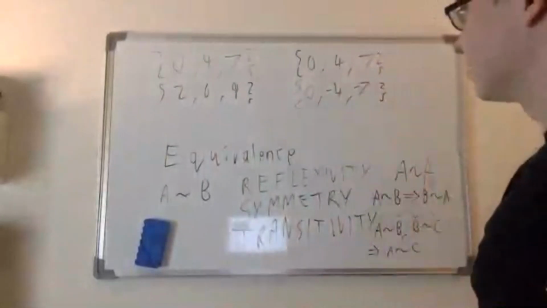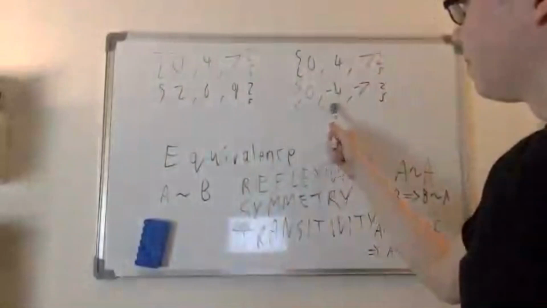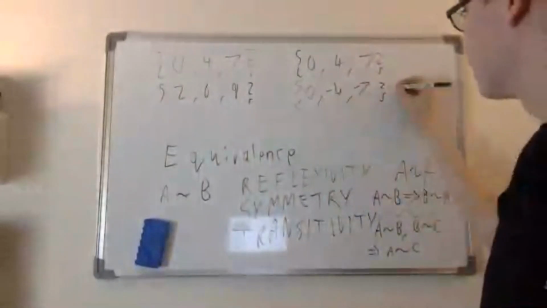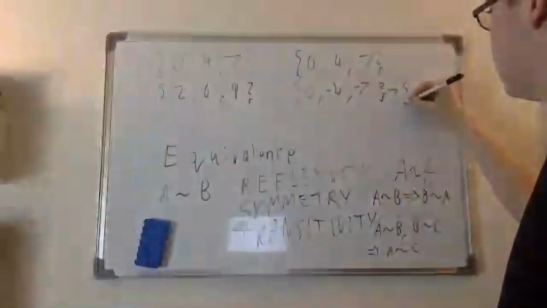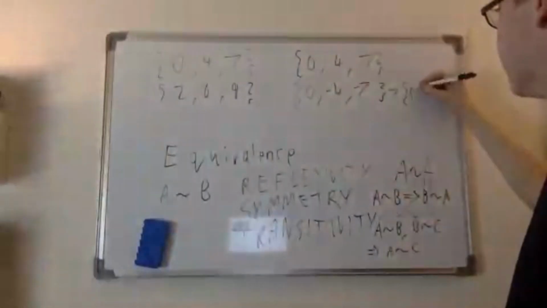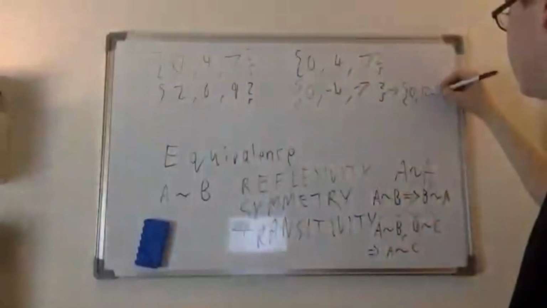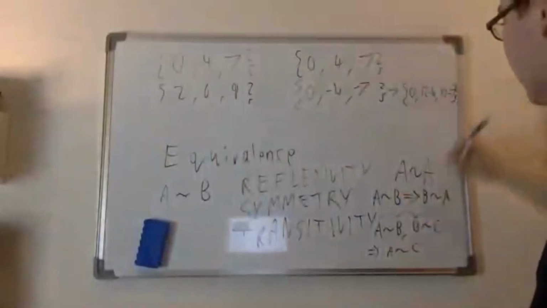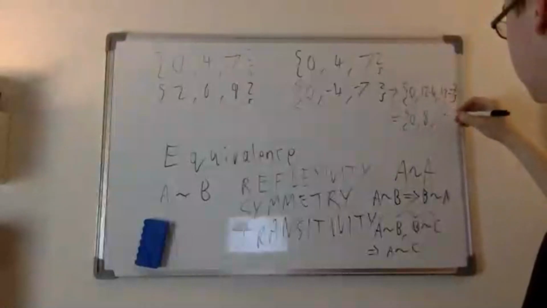So I say this, and I'm like, okay, what note is -4? This is where we use mod 12 arithmetic. We can say that this is 0, 12 minus 4, 12 minus 7. Sorry, I'm getting a bit cramped here. And we can say this is equal to 0, 8, 5.